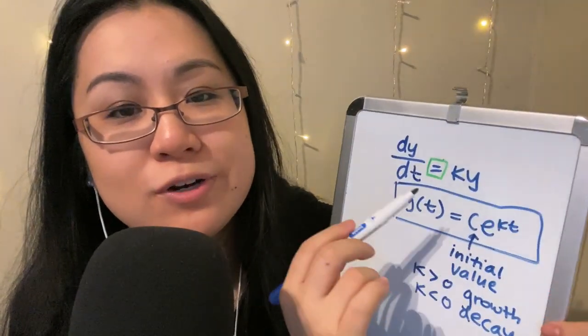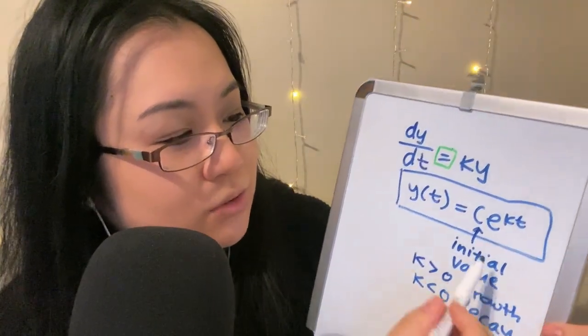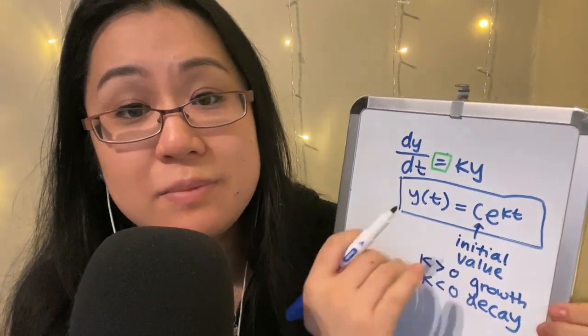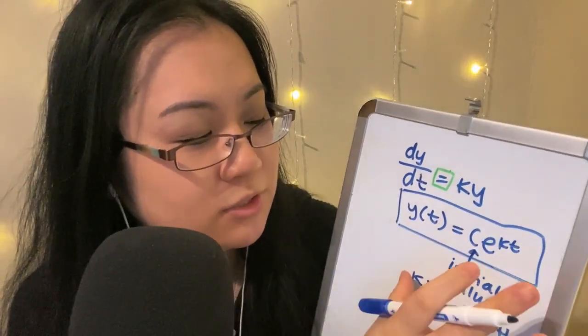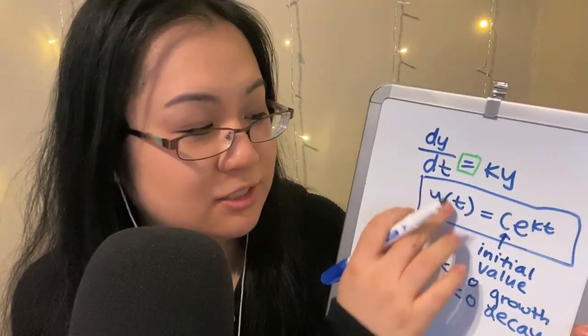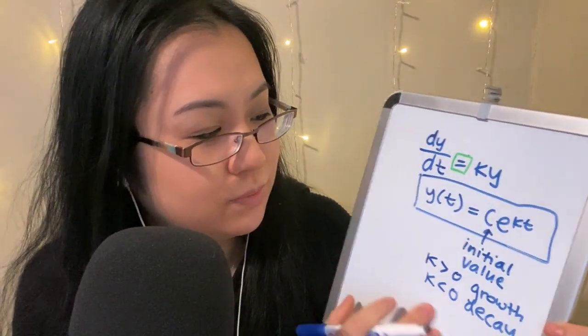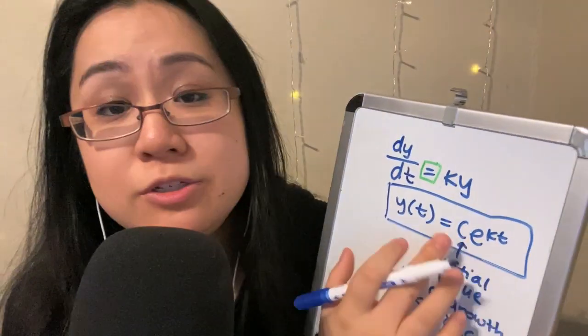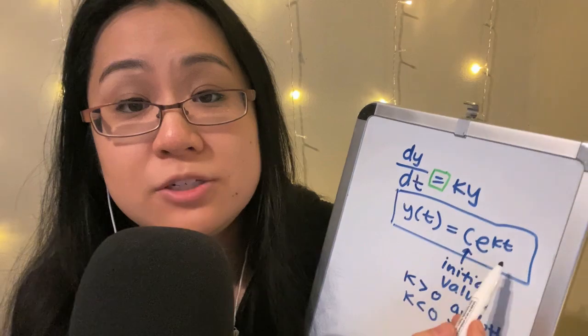So 1 over e to the absolute value of k times t. That would mean that as time increases, your value would decrease, which makes it decay. Okay, so in both situations, you can use the same formula, just expect the difference to be positive or negative.